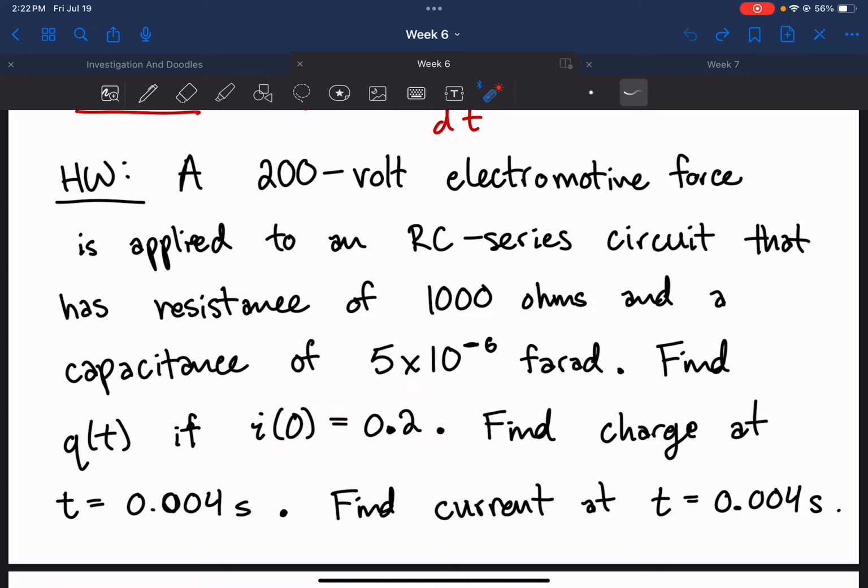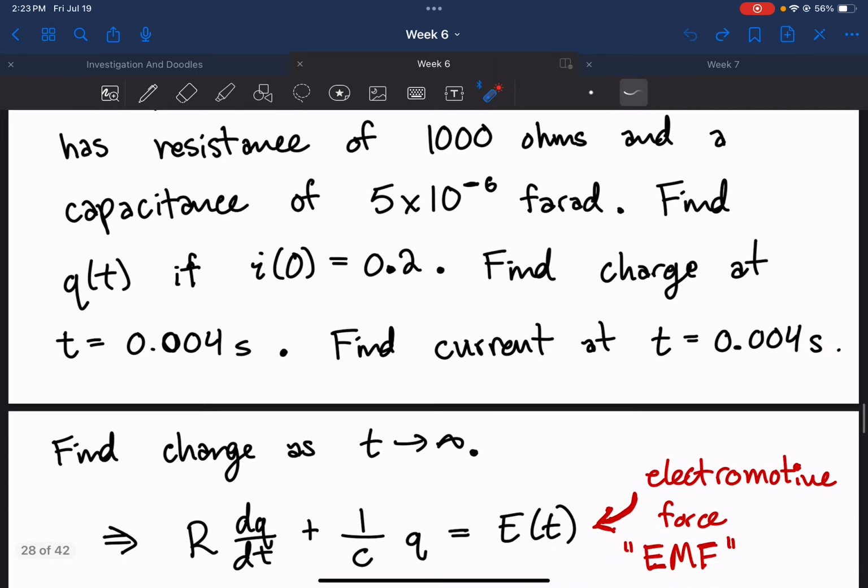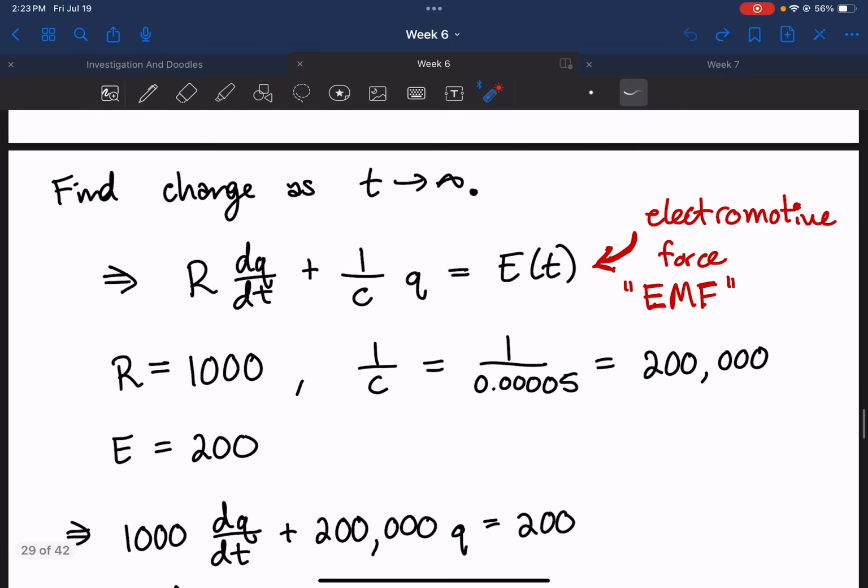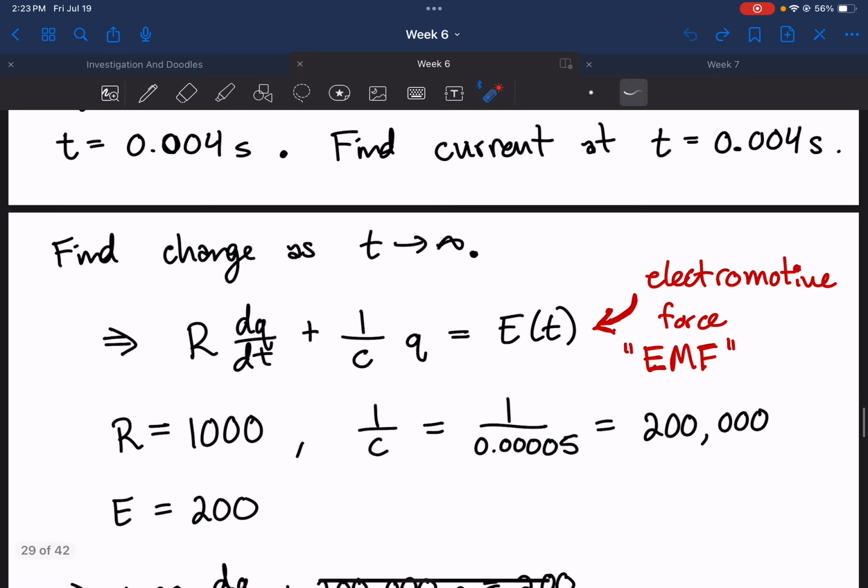Find the charge at t equals 0.004 seconds, and find the current at the same time. So we want a general expression for Q(t), and we want to know the exact value of Q(t) and current at these times. And last but not least, find the charge as time goes to infinity.